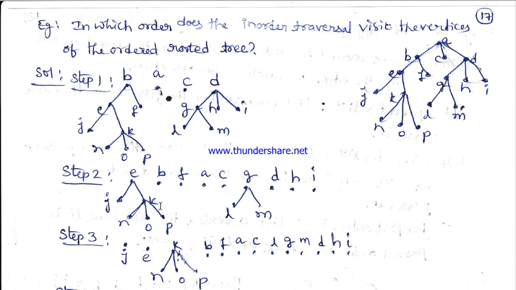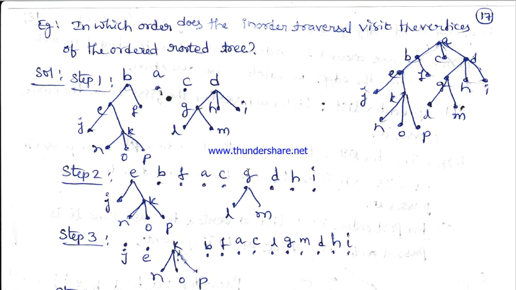In our second step of the algorithm, to visit the subtree at B by in-order, first we have to visit the leftmost subtree, the subtree at E as shown here, then the root B, then the vertex F. Then in the order A, C, then to traverse in order the subtree at D, we visit its leftmost subtree, the subtree at G, first.